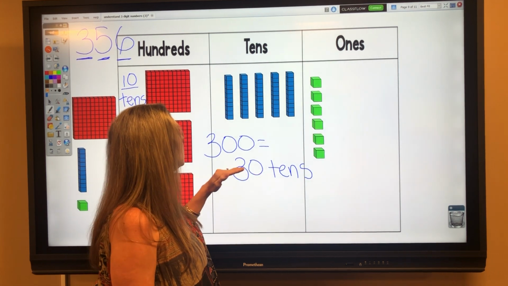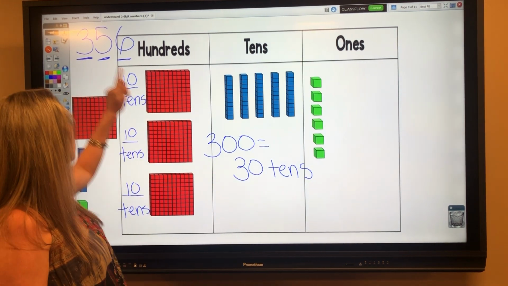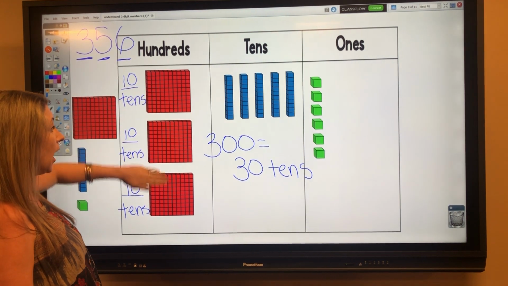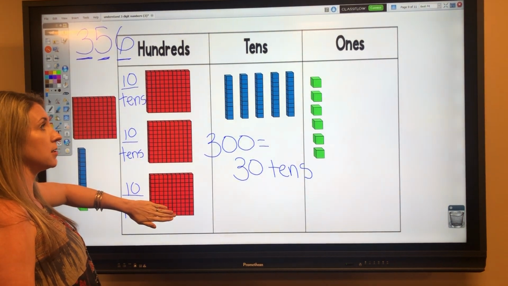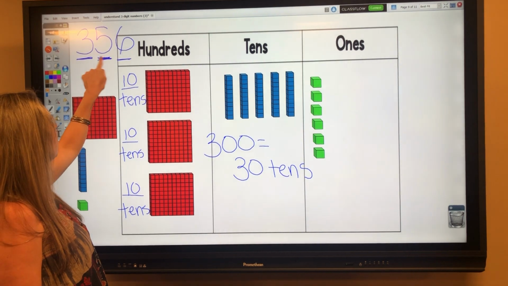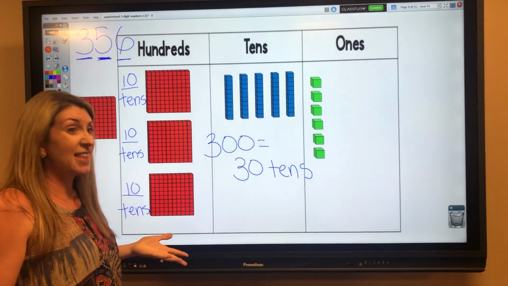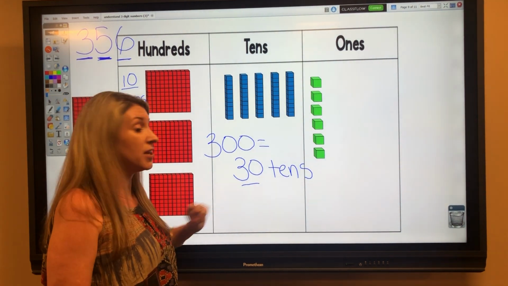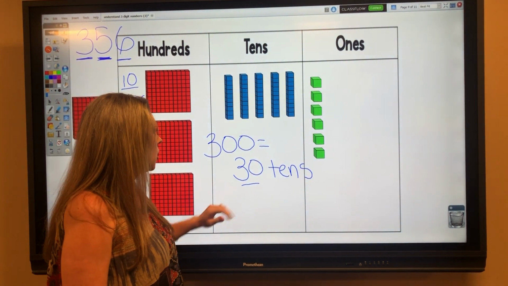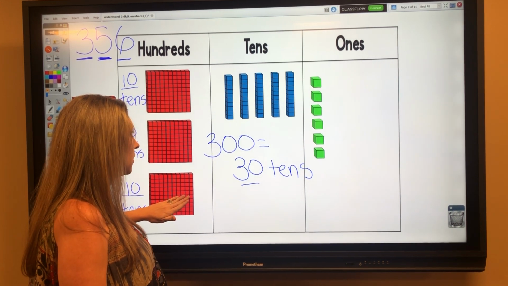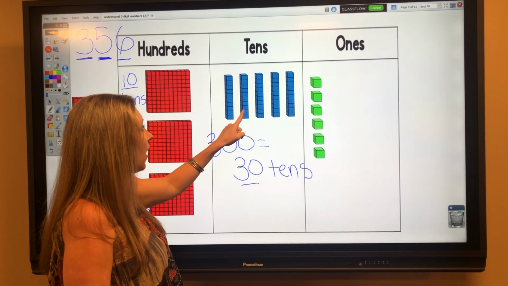Now, if I wanted to still make the number 356, well, 300 is equal to 30 tens. But what about the 5 that's already in the tens place? We have to add that to our 30 tens. So we have 30 tens that equal 300 plus 5 more tens.